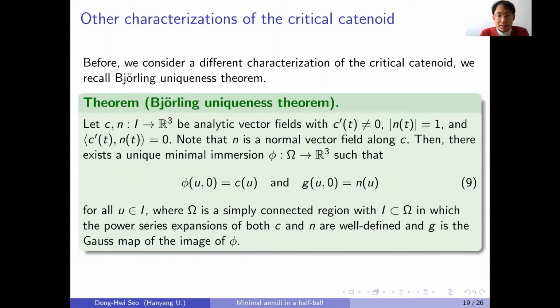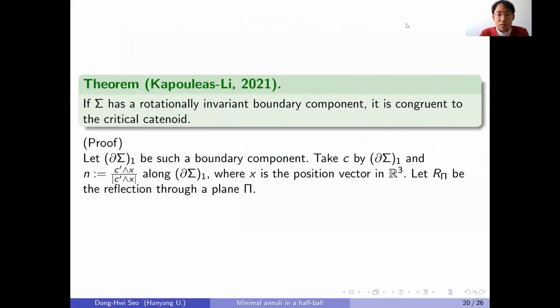Using the Björling uniqueness theorem, Carlotto, Schulz, and Lee obtained a uniqueness theorem for the critical catenoid. They show that if you have a rotationally symmetric boundary component, then the surface should be the critical catenoid. Now let me give a proof.